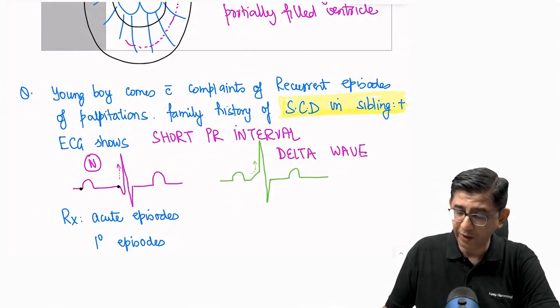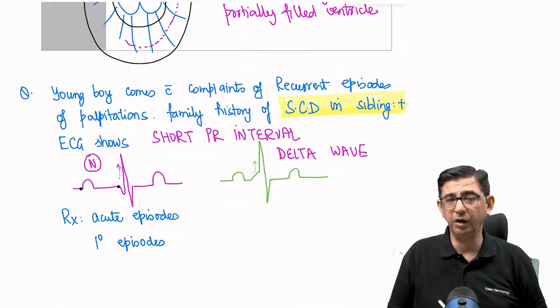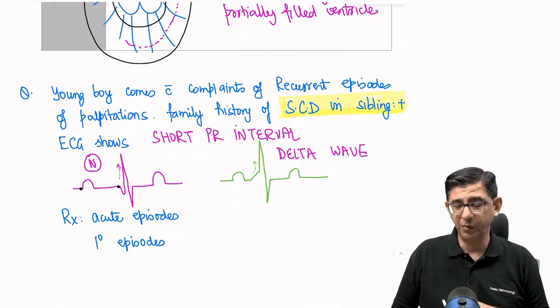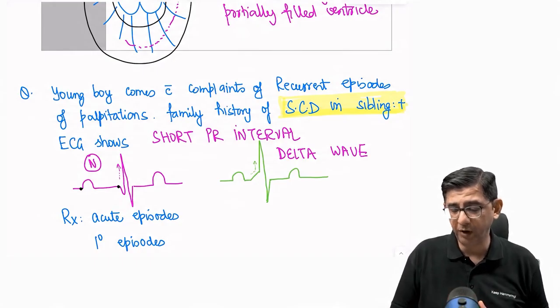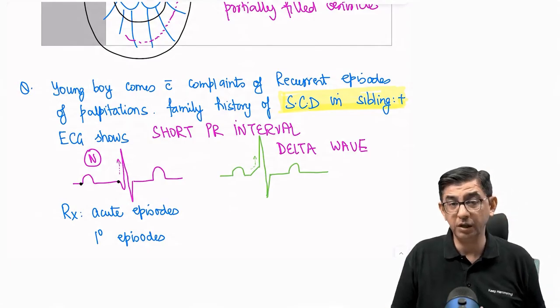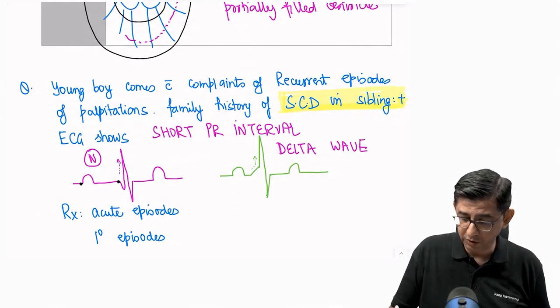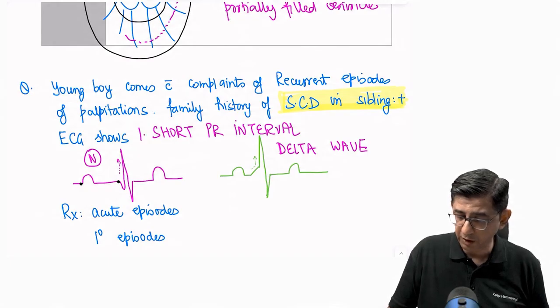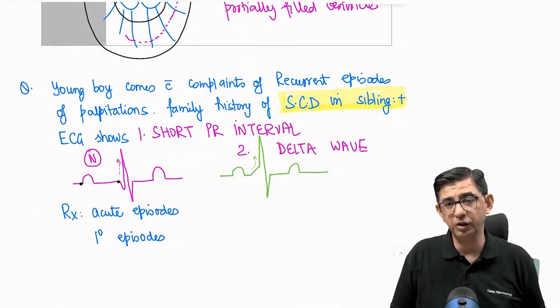For these 2 points, short PR interval and delta wave, the aspect of Wolff-Parkinson-White syndrome has to be remembered. If you get a patient who's having recurrent episodes of palpitations, family history of sudden cardiac death, and the ECG shows short PR interval and delta wave present, that is the change in the upswing of the R wave, that is the delta wave.